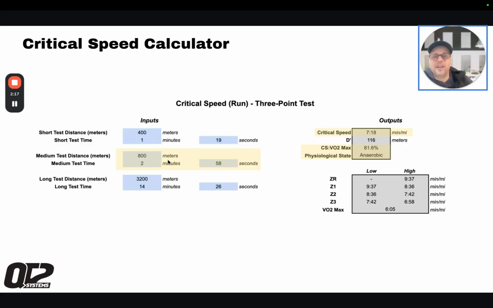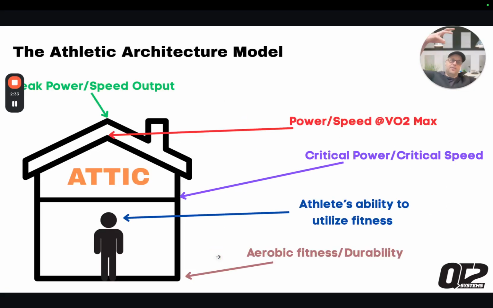We are using the medium test, so short, medium, long, as our proxy for speed at VO2 max. So it's comparing the critical speed and the speed at VO2 max. All of that ends up coming into this athletic architecture model, which belongs to the great Dr. Phil Skiba, renowned physiologist and endurance coach.